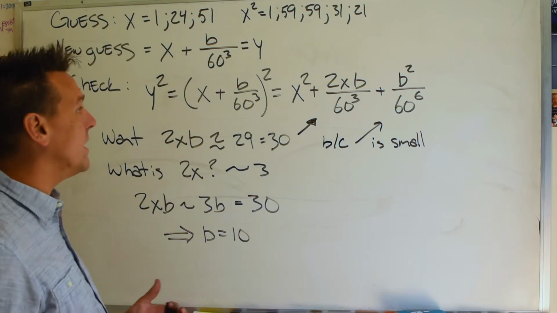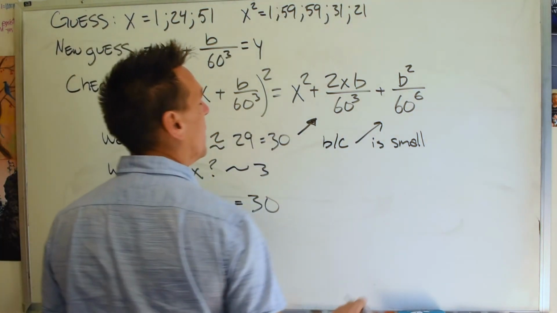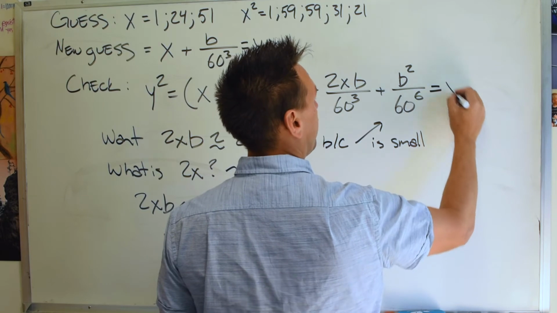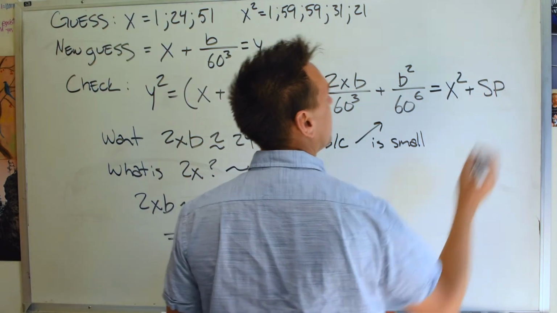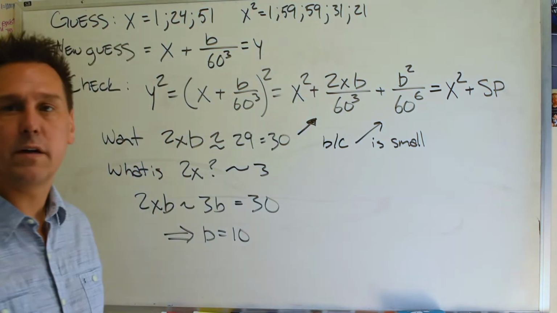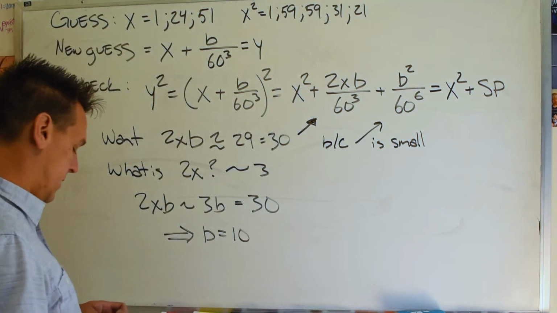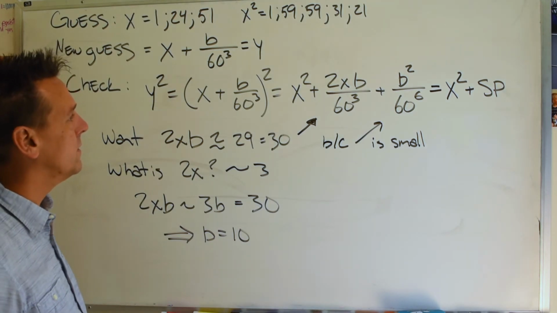I haven't done any of the calculations yet, although I do have my new small part. So this is x squared plus my new small part. And I'll use the same letters there. It's a little bit confusing, but hopefully not too confusing, not enough to warrant coming up with some new symbol or something.